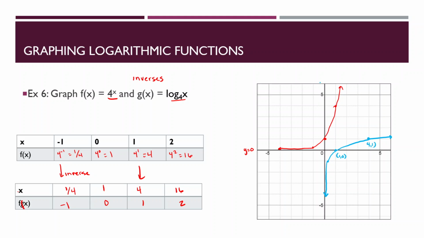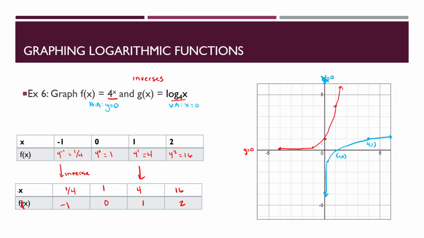And I notice that this has a vertical asymptote at x equals 0. So the 4 to the x has a horizontal asymptote at y equals 0. So the log has a vertical asymptote of x equals 0. Remember, the domain and the range are going to swap.